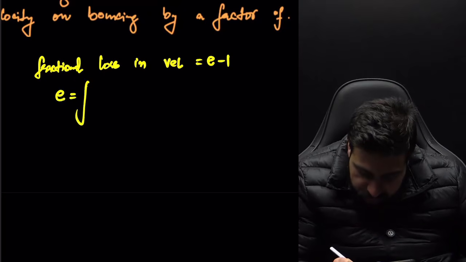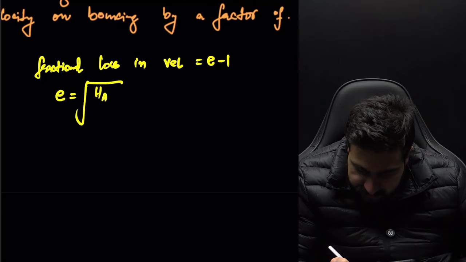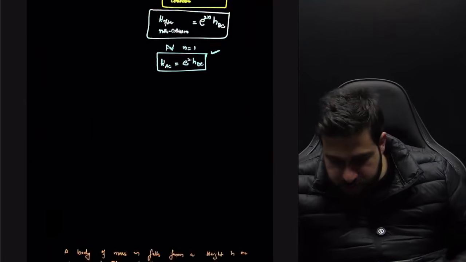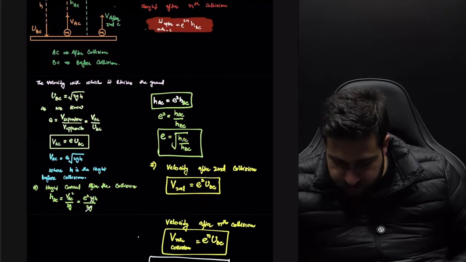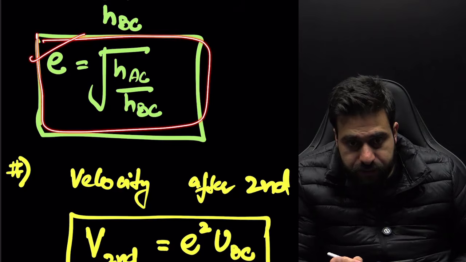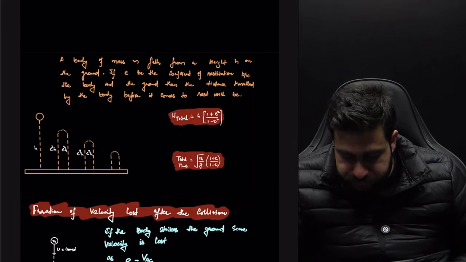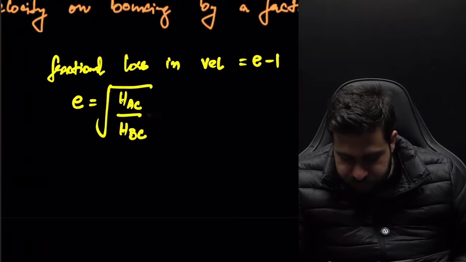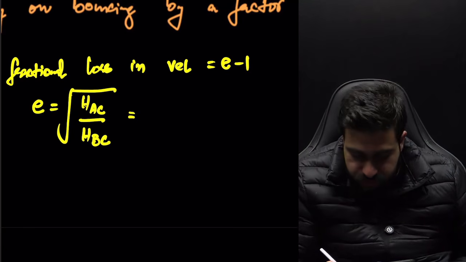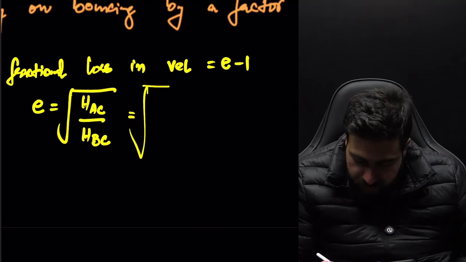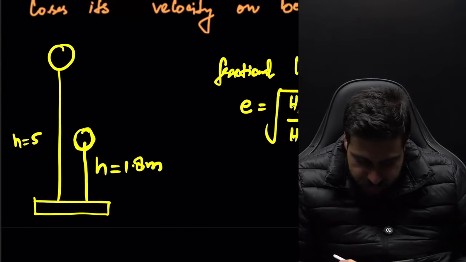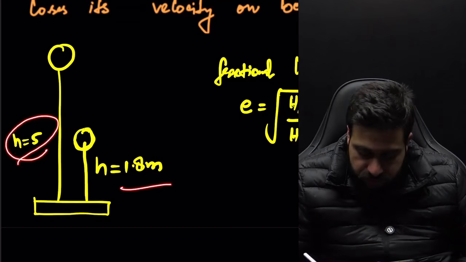We can find e with this expression, which I have explained here. e is equal to the square root of height after the collision by height before the collision. Height after the collision is 1.8. Height before the collision is 5.